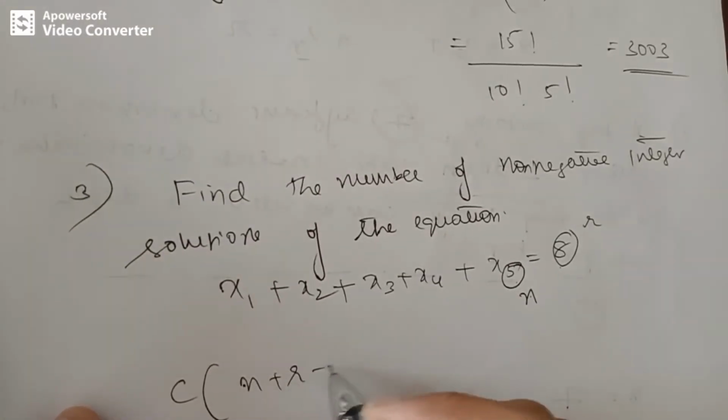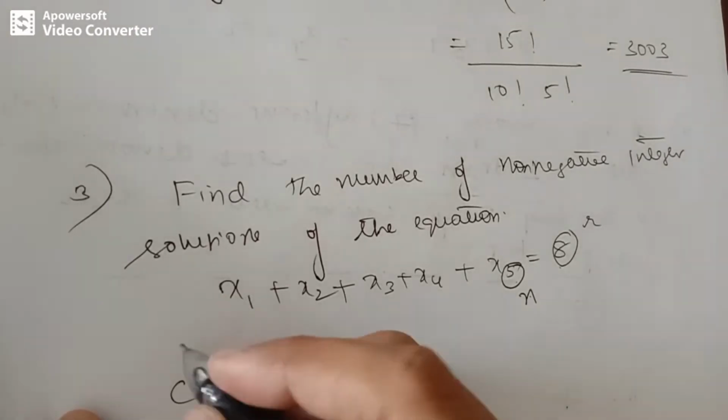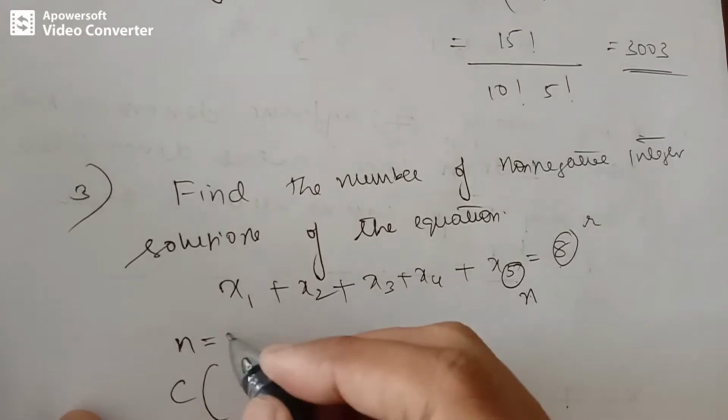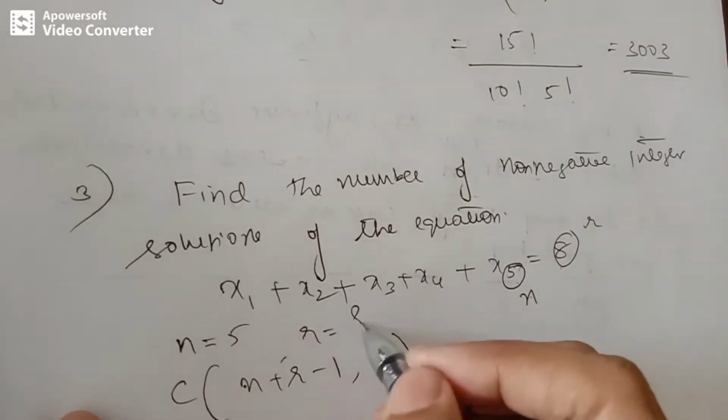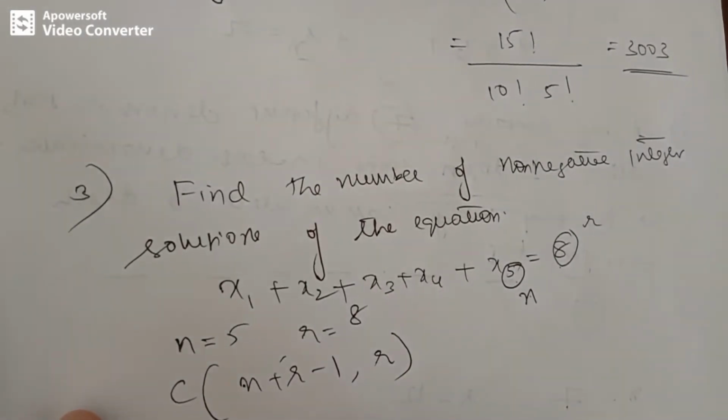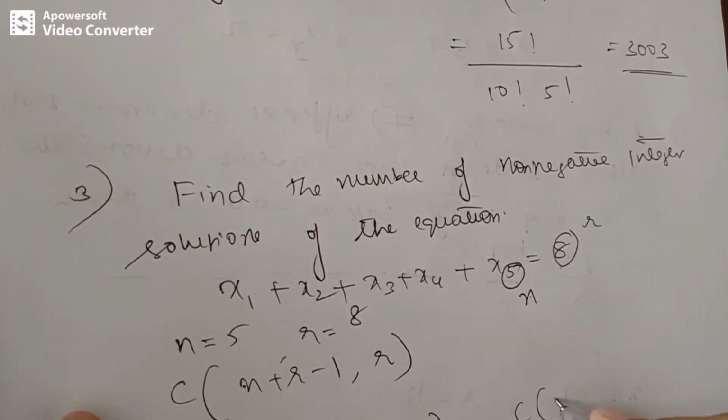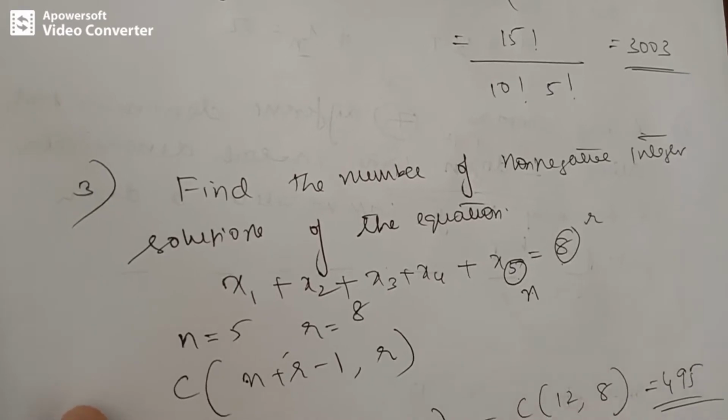C of n plus r minus 1 comma r is our formula. The value of n is 5 and the value of r is 8. So it will be C of 5 plus 8 minus 1 comma 8. So what we get is C of 12 comma 8. Find out the value and just justify whether we get 495.